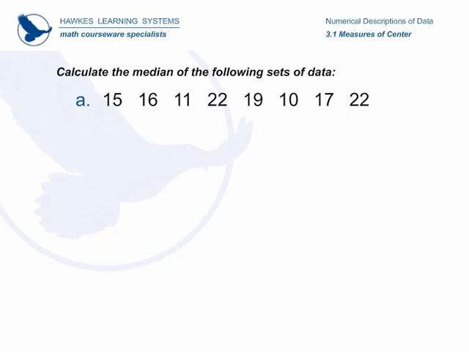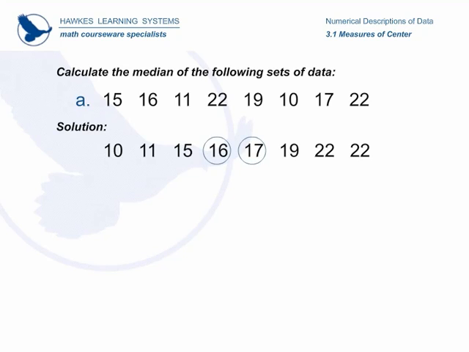So let's take a look at how we can calculate the median, or the middle value, of the following data set. In the data set we have the numbers 15, 16, 11, 22, 19, 10, 17, and 22.